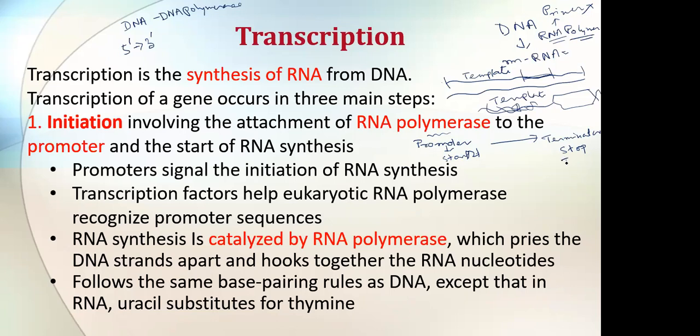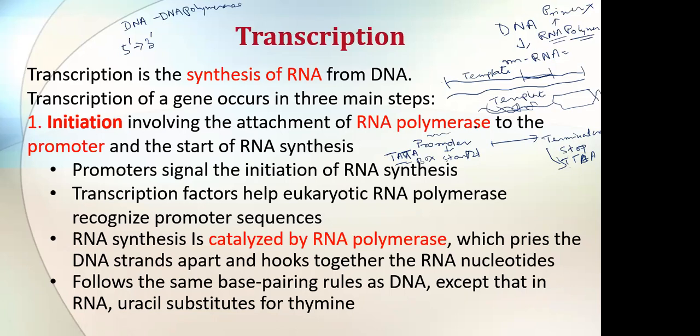For example, the promoter could be TATA, the TATA box. If this is the sequence, the cell knows that RNA polymerase can recognize it as the promoter region. So it will sit over here and start the transcription. Exactly the same way, the terminator has another specific sequence. When the RNA polymerase reaches that site, it recognizes that it has to stop.